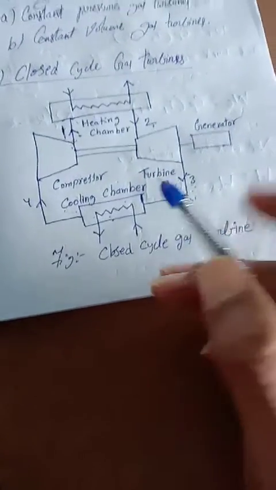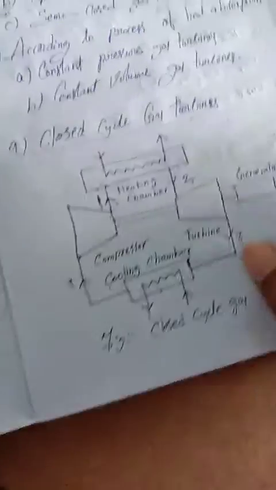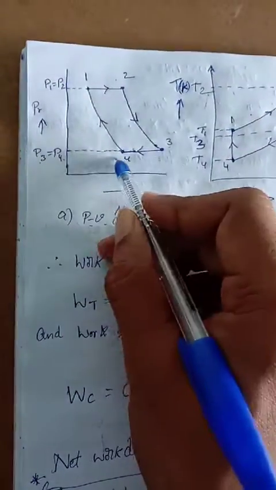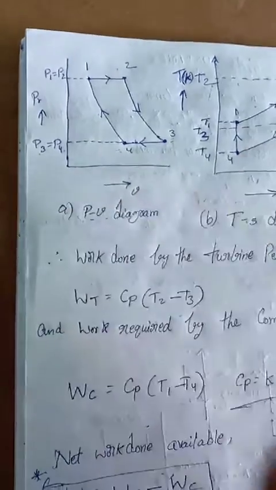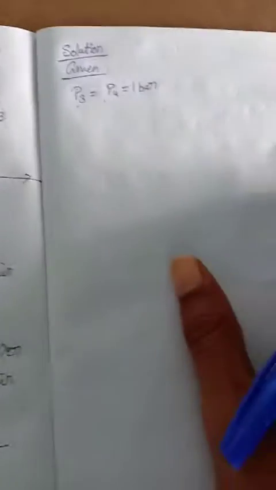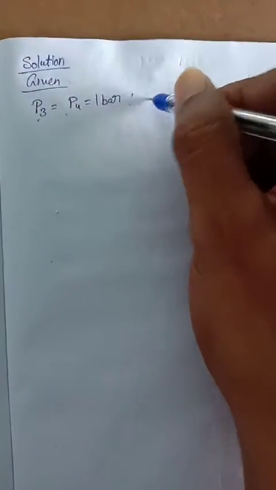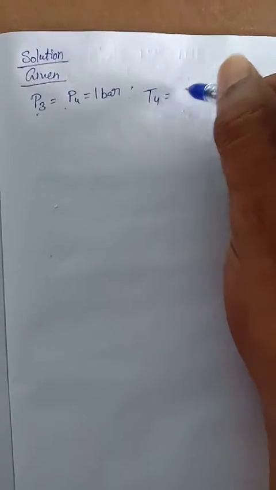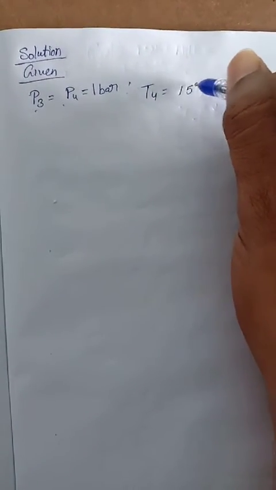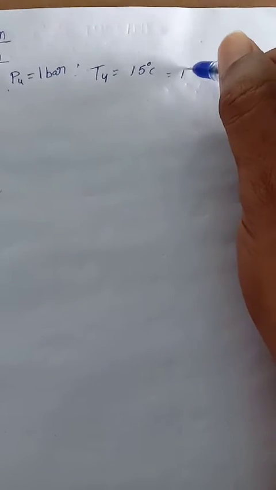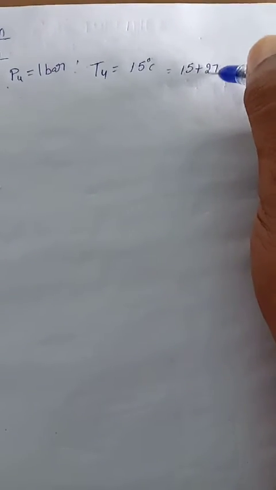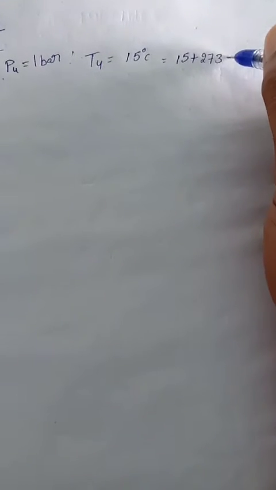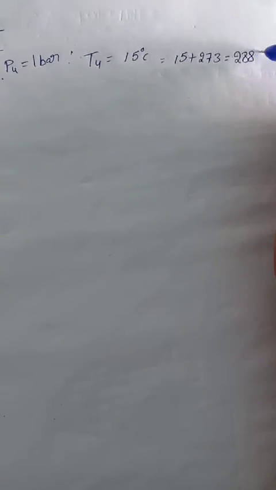Okay, so then the pressure is given from here, P3 P4, that is constant pressure. You see here, constant pressure cycle 3 is equal to 4. And now we are going to see another one, T4, that is equal to 15 degrees Celsius as given, and then that is equal to 15 plus 273, that is 288 Kelvin.